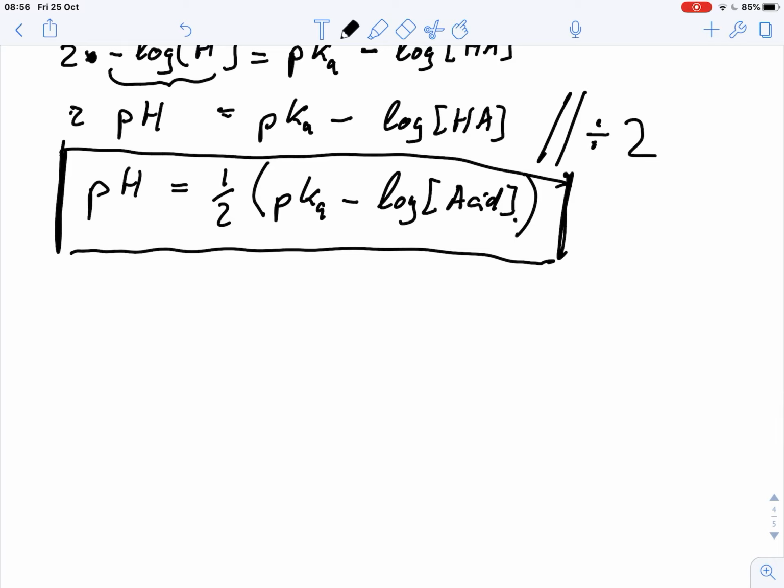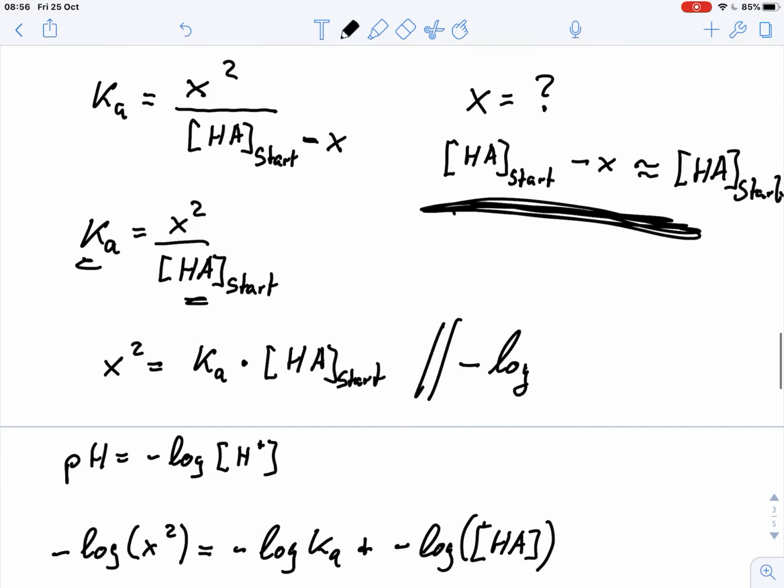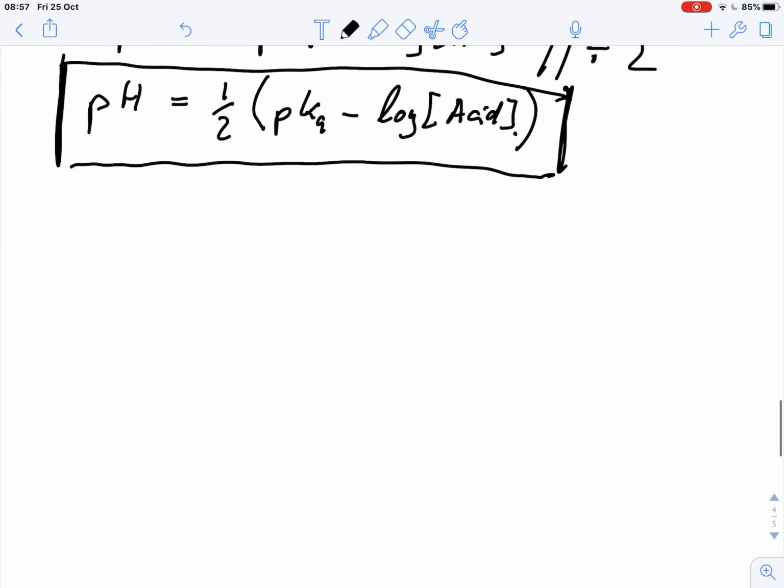If we are working with a strong acid, we cannot use this equation because this assumption is violated. So with a strong acid, we would use pH equals minus log of the acid concentration.